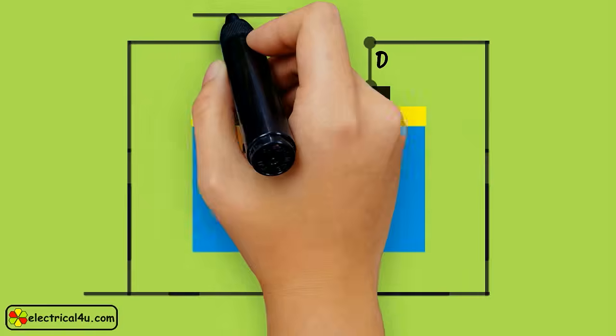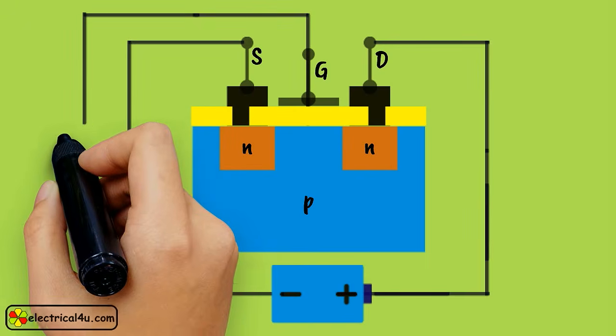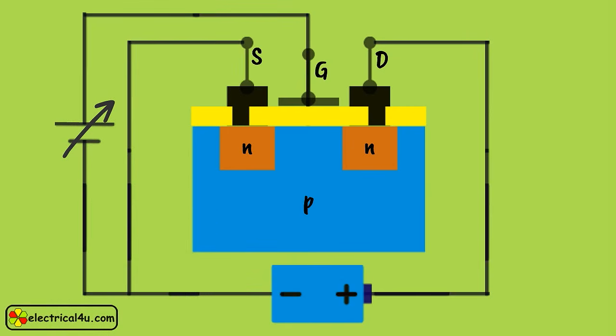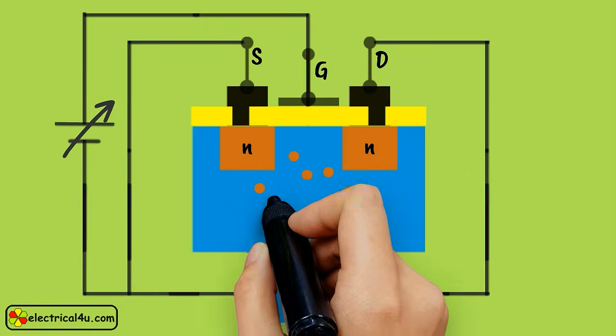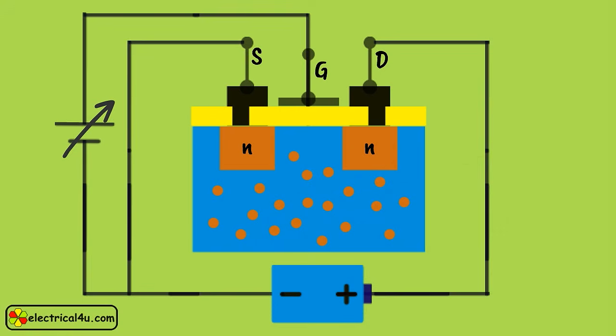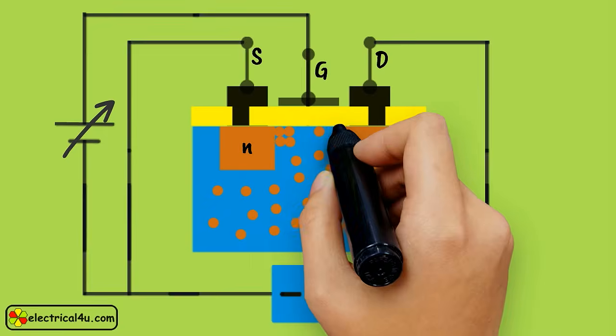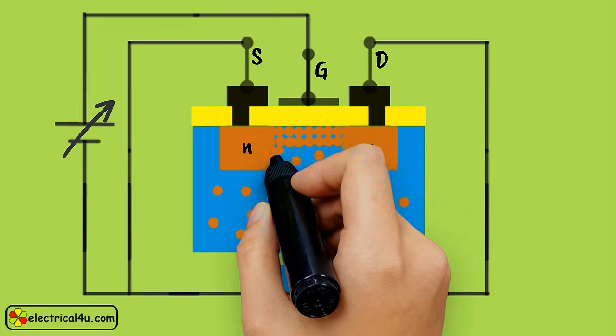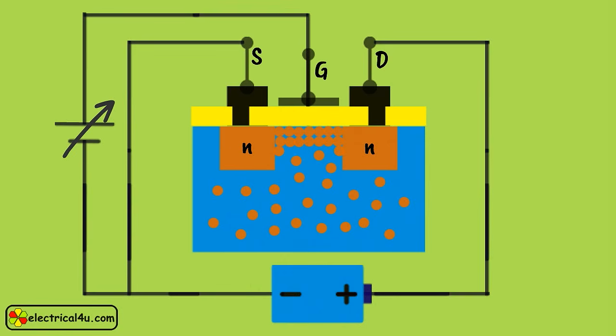Now let us see what happens if one suitable positive voltage is applied at the gate terminal of the device. In that case, due to attraction of positive potential of the gate contact plate, negative free electrons, that is minority carriers in the P-type base, will be accumulated towards the contact plate and form a channel of negative charge carriers even inside the P-type semiconductor.